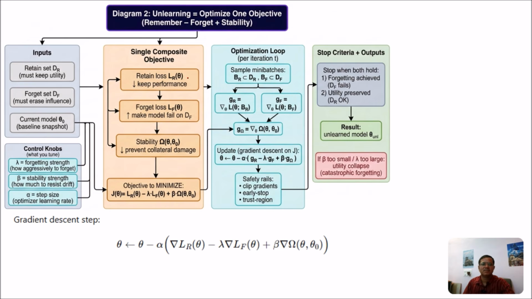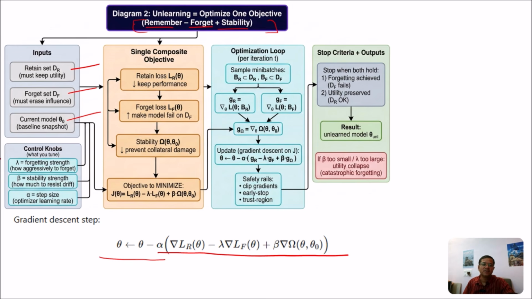Now we will go through it in more detail. The complete task is: remember or retain, minus forget, plus stability, and you have to minimize this entire part. The task is to minimize this error so that you can get learning in the good direction. Your inputs will be the retain set, the forget set, and your current model.